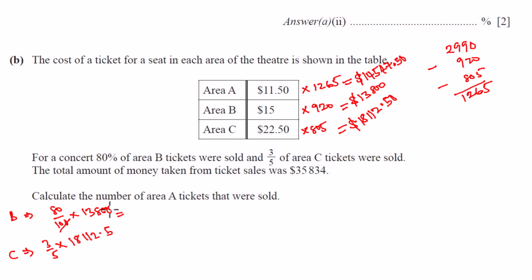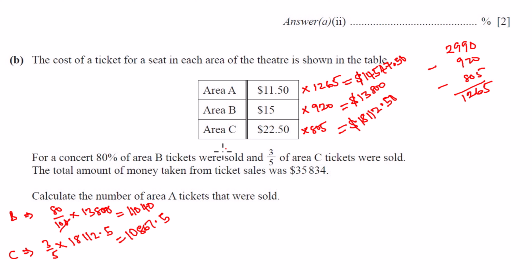So let's see for the first one. That's 80 times 138, and that's for the first one, 11040. And then for the second one, 0.6 times 18112.5, and that is 10,867.5.